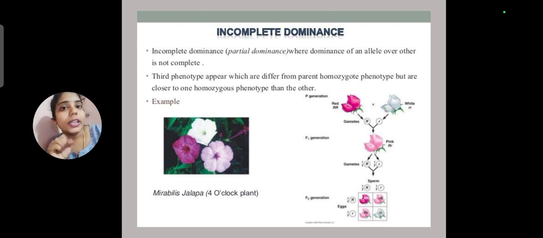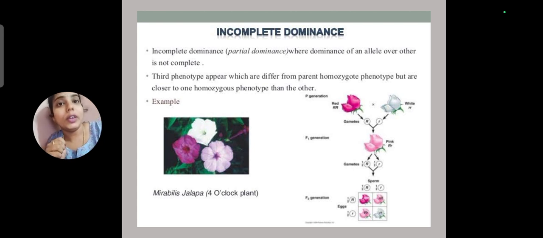In the F1 generation, pink color flowers are formed. The pink color flowers blend or mix the characters of red and white. So in the F1, the dominant gene cannot express itself fully, which we call incomplete dominance. The genetic characters are not completely moved to the next generations.